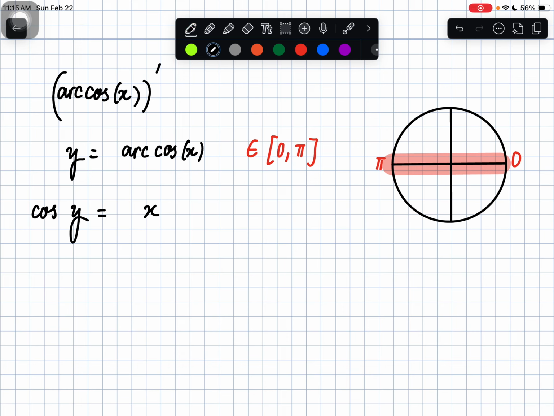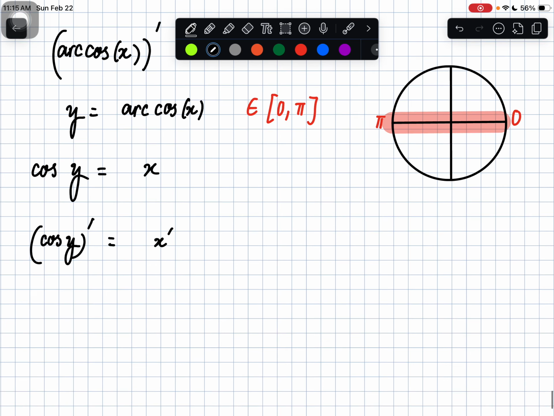Now you take the derivative of both sides. Cosine y prime equals x prime. You use the chain rule for the left hand side: y prime times minus sine of y equals 1.